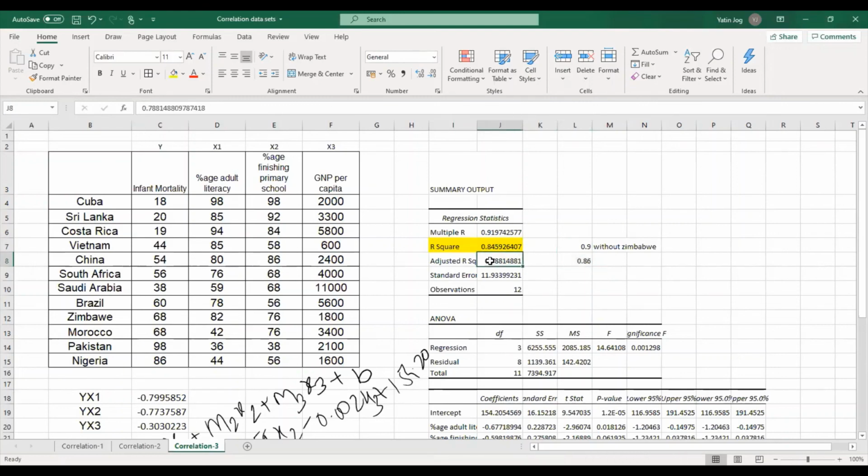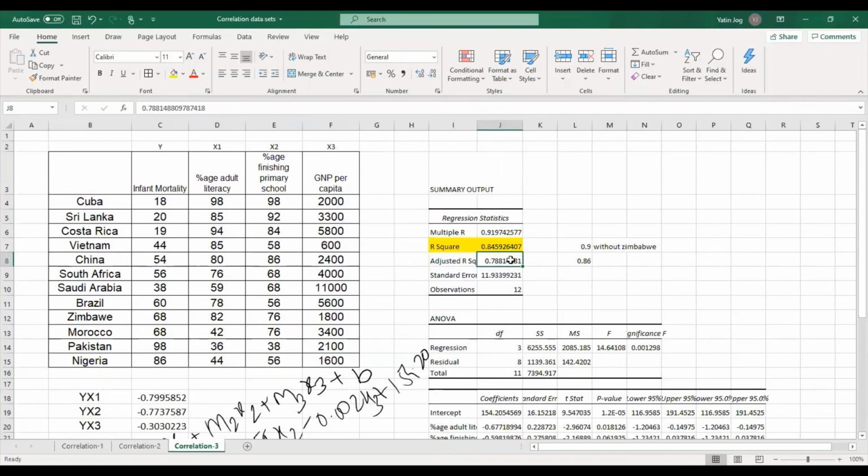The closer the adjusted R square is to R square, with a very small difference, the more that means we have taken good and correct independent variables in my data model. If my adjusted R square is close enough to R square, there is no need to add any new variables or exclude any existing variables from my data model.